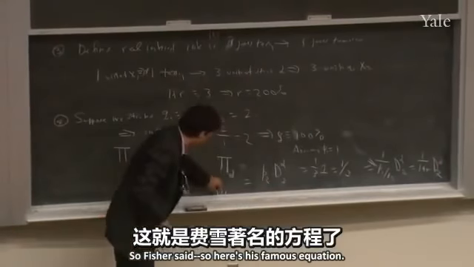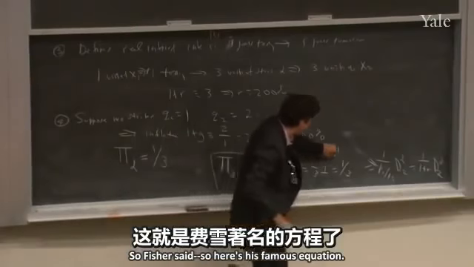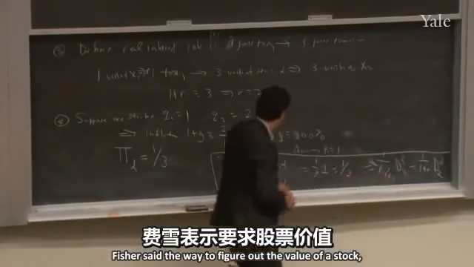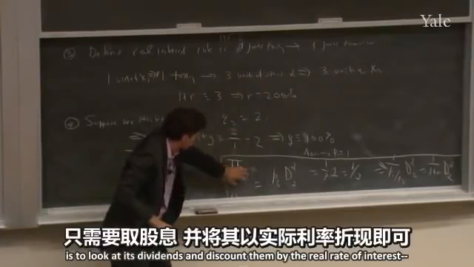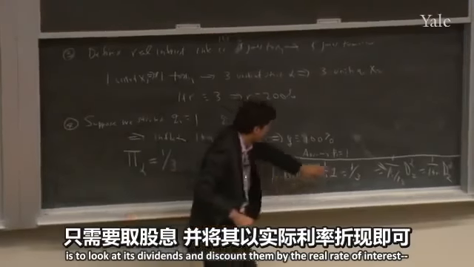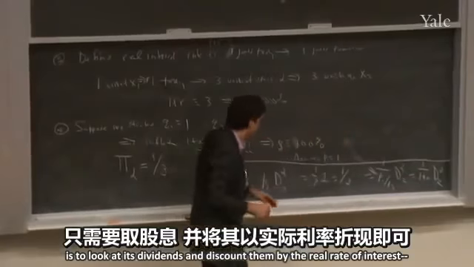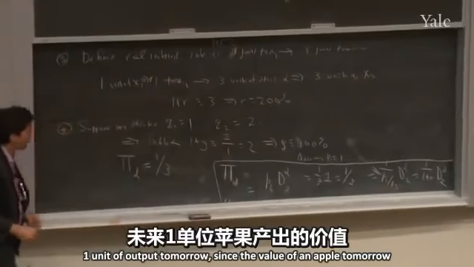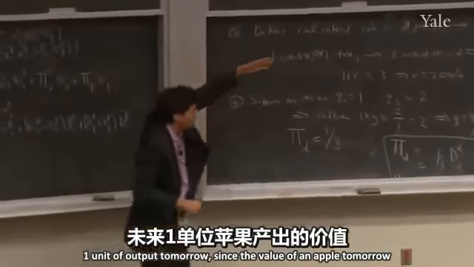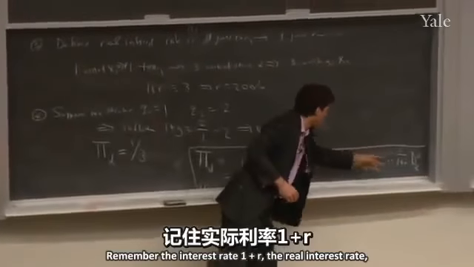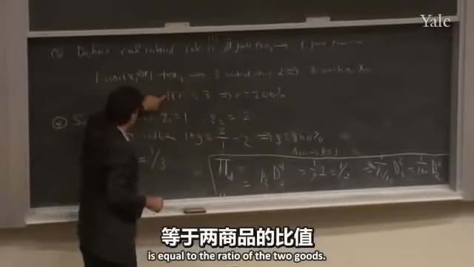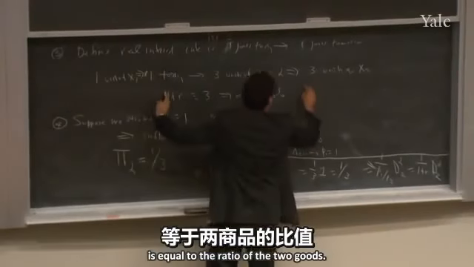So here's Fisher's famous equation. Fisher said the way to figure out the value of a stock is to look at its dividends and discount them by the real rate of interest. 1 unit of output tomorrow is only a third the value of an output today. Remember, the interest rate, 1 plus r, the real interest rate, is equal to the ratio of the two goods.